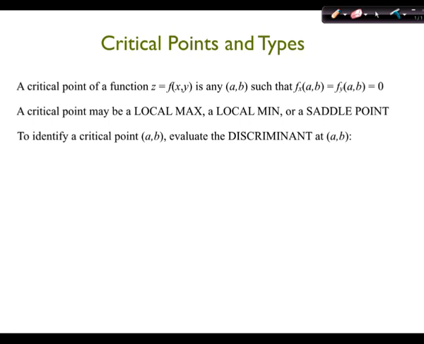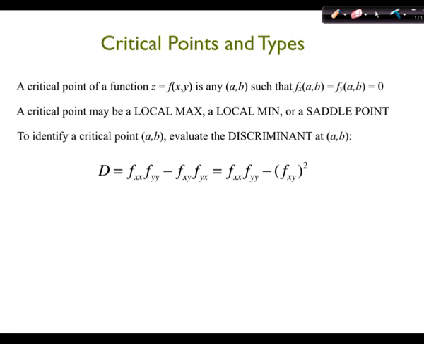So to identify what you have, if you don't have a picture, you just have the function, the formula, and you're trying to figure out what you have, there's this thing called the discriminant. The discriminant is the second partial with respect to x times the second partial with respect to y, minus the product of the mixed partials.